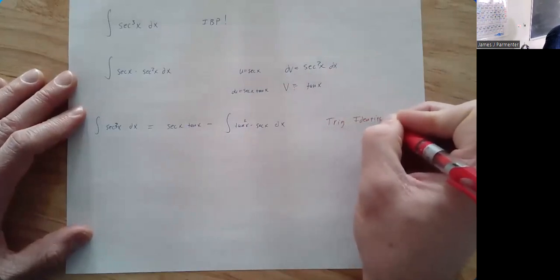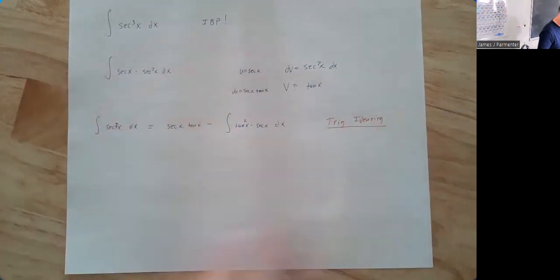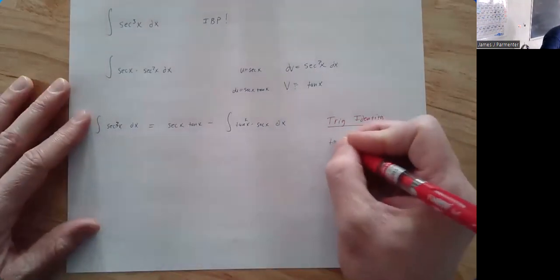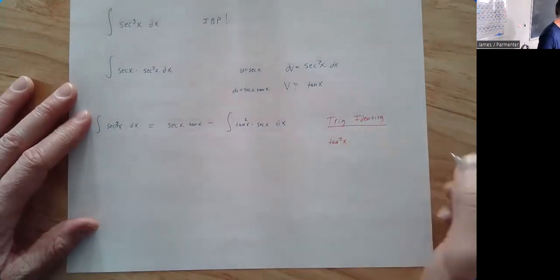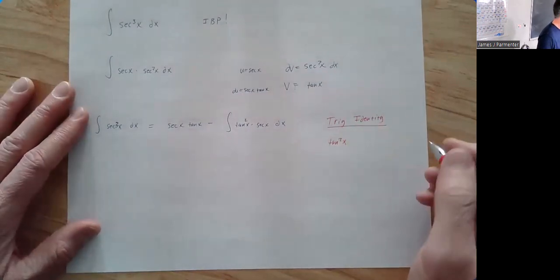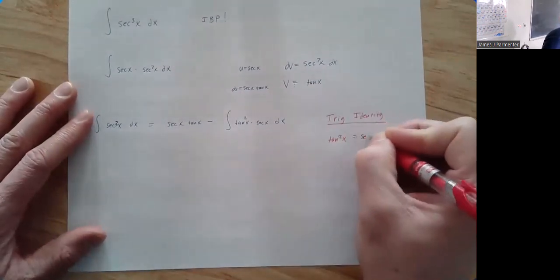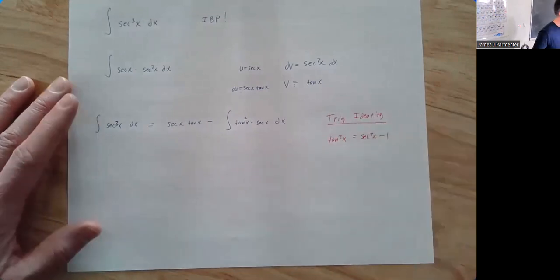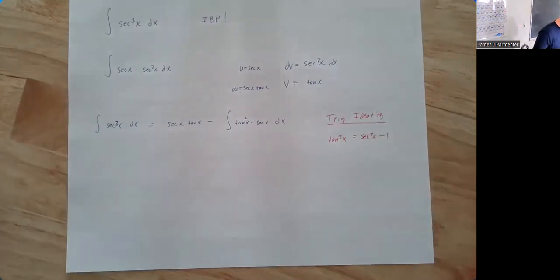What's the only thing in my whole expression here that looks like one of your usual Pythagorean trig identities? Right. And tangent squared is equal to what? So tangent squared is equal to... Right. So we're going to replace tangent squared with secant squared minus 1.